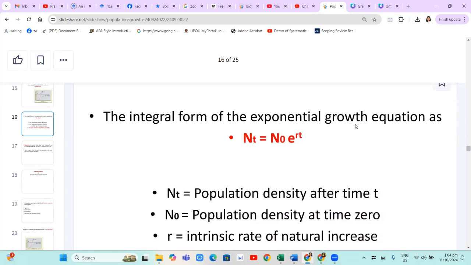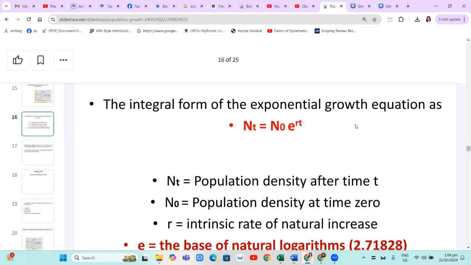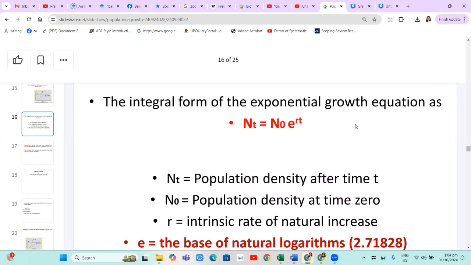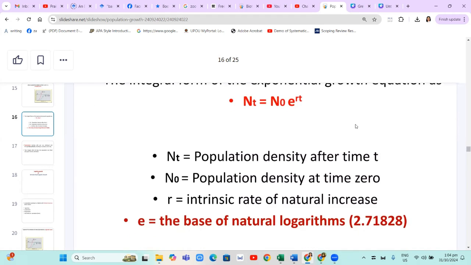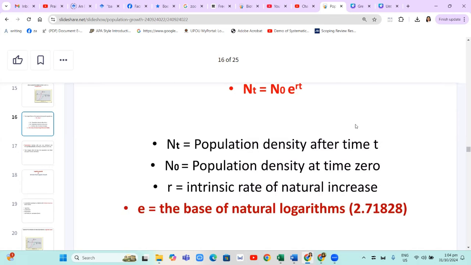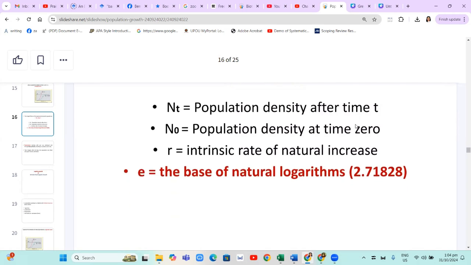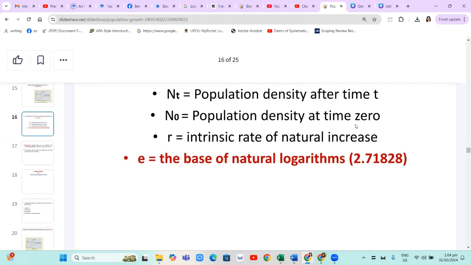The integral form of the exponential growth equation is N(t) = N0 e^(rt), where N(t) is the population density after time t, N0 is the population density at time 0, r is the intrinsic rate of natural increase, and e is the base of natural logarithms with a value of 2.71828.